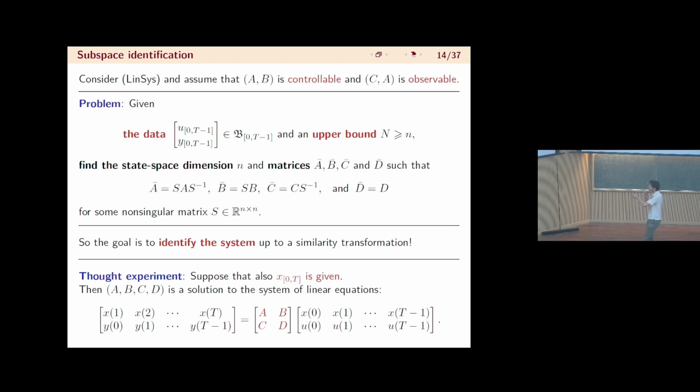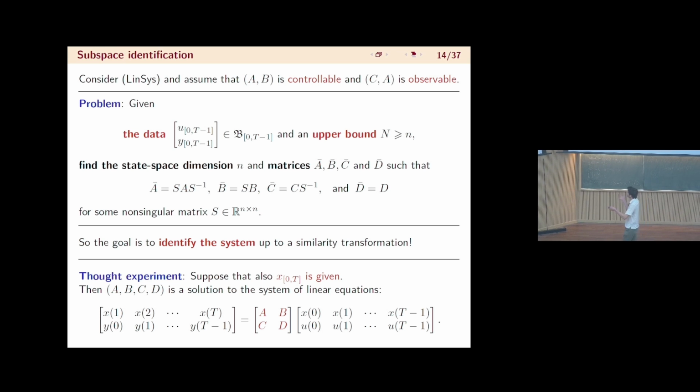So given the inputs of my system, the outputs of my system, and now also the state of my system, I could set up this linear equation and try to solve for the matrices A, B, C, and D. It boils down to simply solving a system of linear equations, and we all know how to do that.